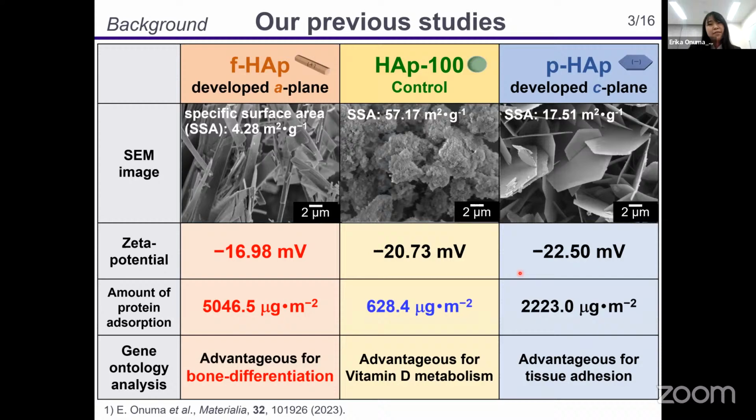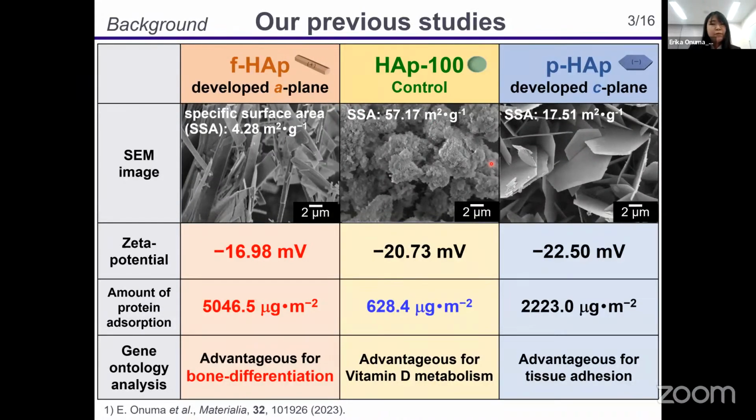And we evaluated protein absorption ability on the three types of HAP powders using proteomics. Firstly, fiber-shaped HAP, FHAP, absorbed protein which is advantageous for bone differentiation.